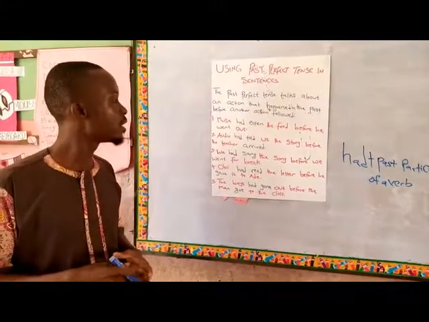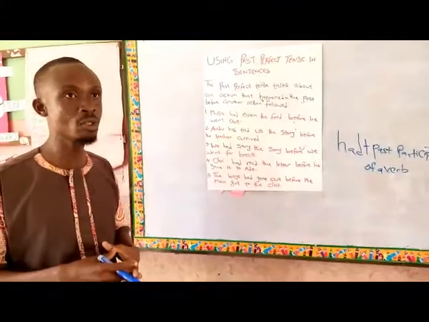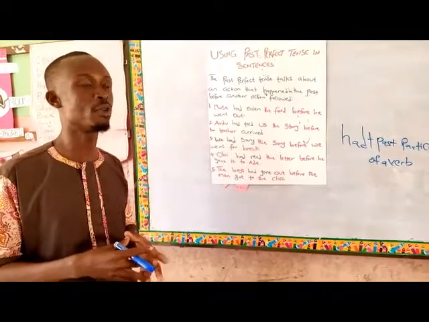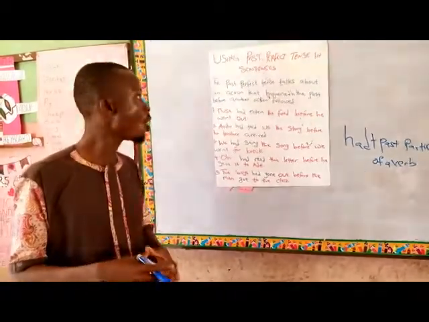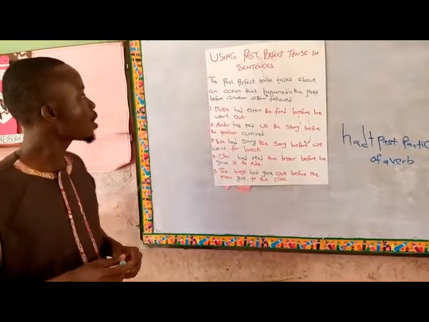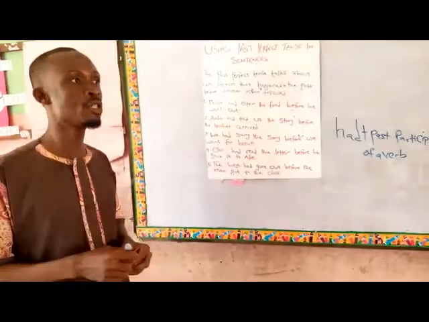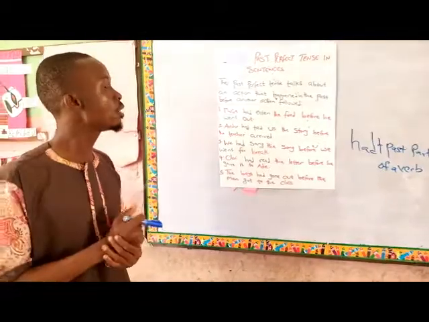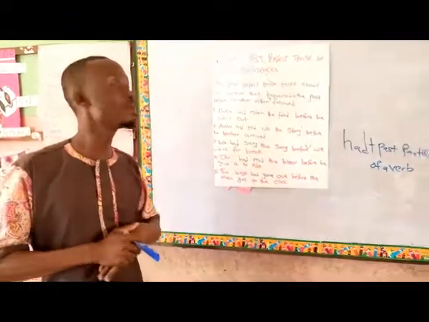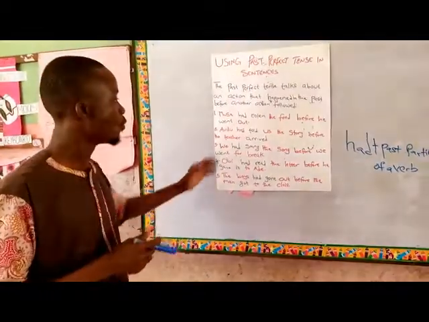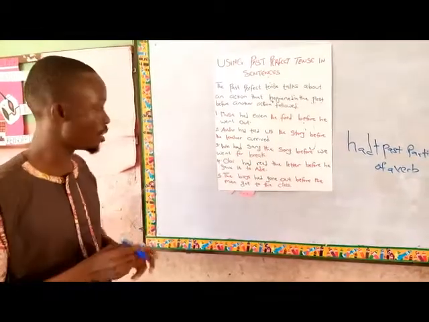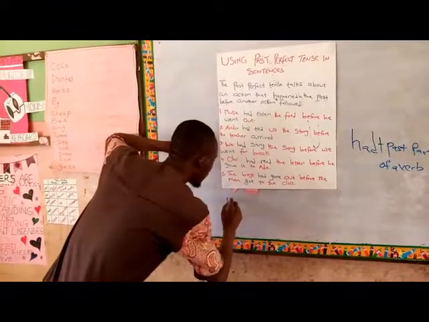I believe that it is clear and you should be able to make use of your past perfect tense either in writing or speaking. What you are going to do for me, you are going to construct your own sentences using past perfect tense for me to be sure that what we have done now is clear to you.